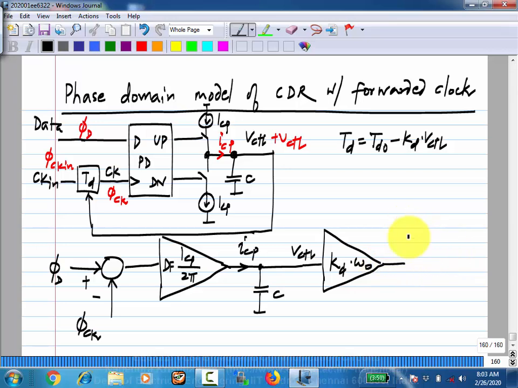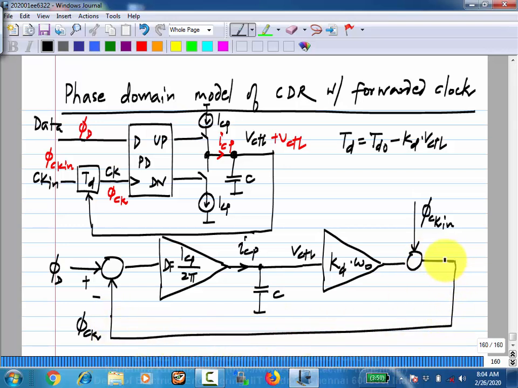So you have this, and the output is the additional phase due to the delay line, okay. To this you add the phase of the input clock, and that gives you the phase of the clock that is actually used to recover the data, okay. So this is the phase domain model.